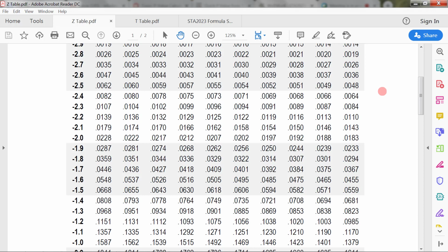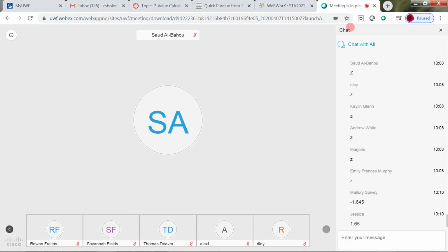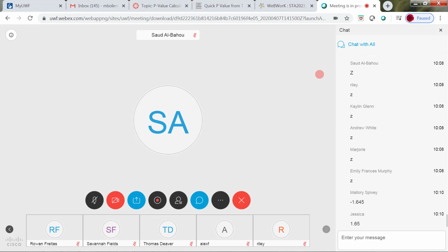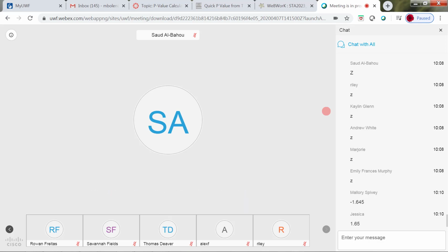Anybody brave? I hear one person. Both of you are correct. Mallory, I think you're going to find that WebWork requires 1.65. It's going to be negative also, Jessica, because it's a left tail test.